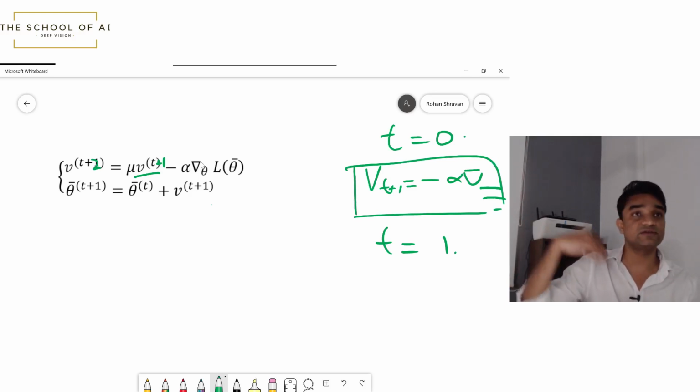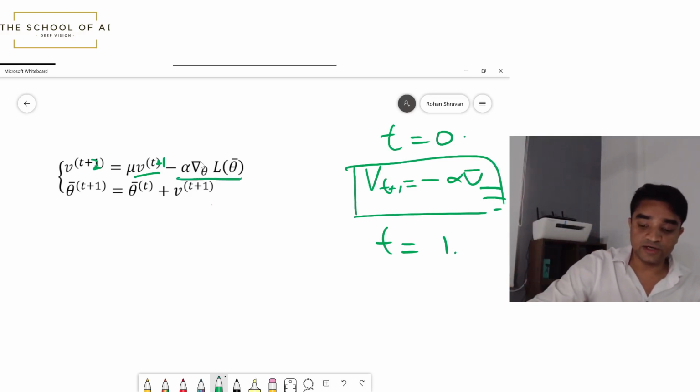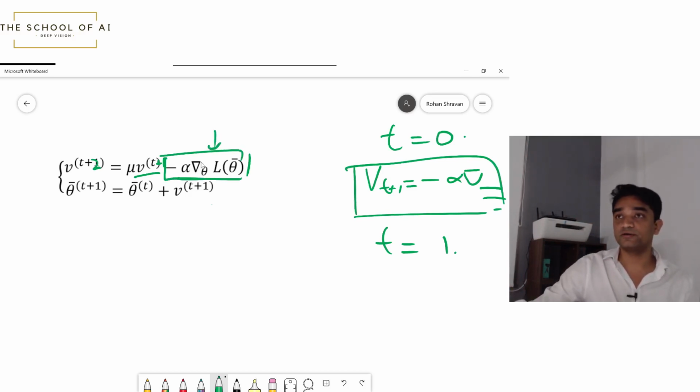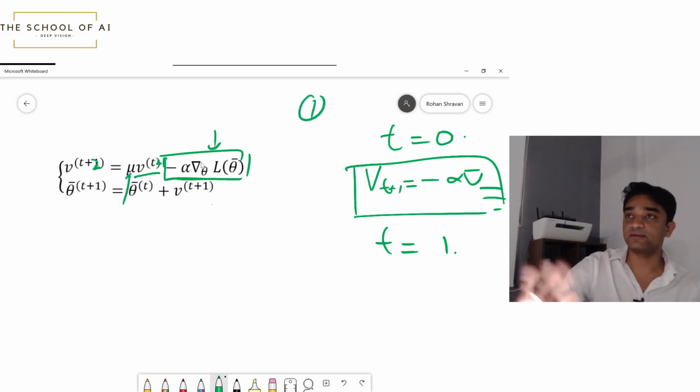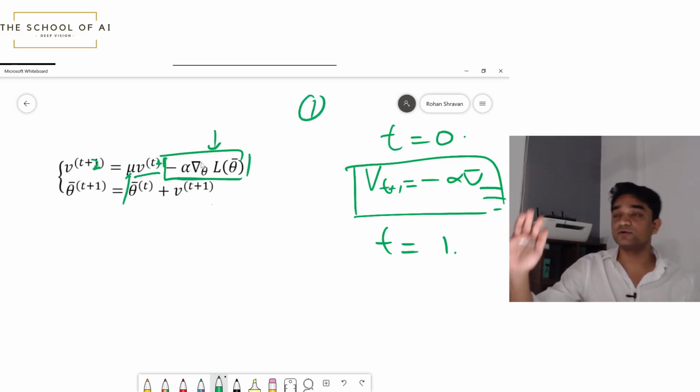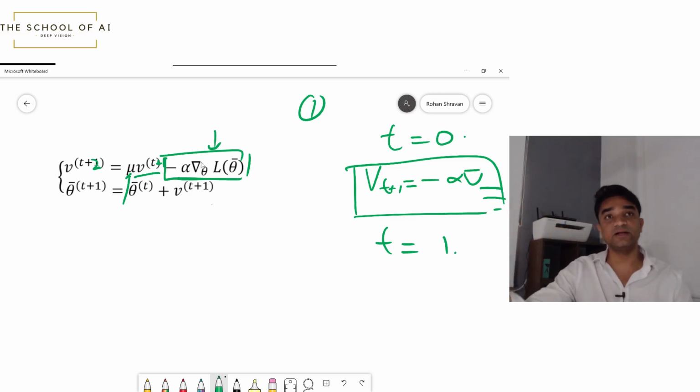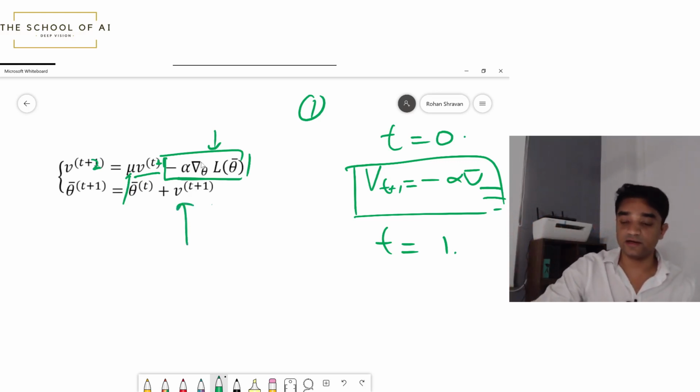That's the last gradient which came to me. I'm now calculating the new gradient. That minus is part of that. And I'm multiplying this by mu. Please consider mu equal to 1 for the next 5 minutes. So mu is not there. So I'm looking at the last gradient and I'm adding the new gradient to it, and that is what is getting added here. Is it part clear?